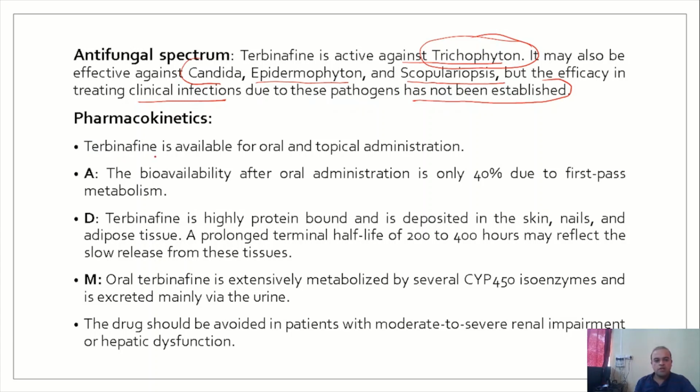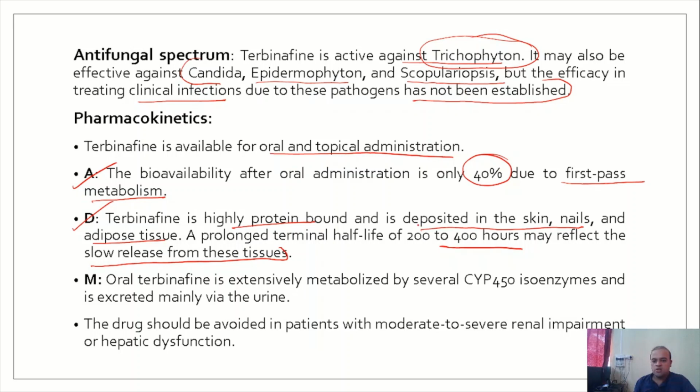So pharmacokinetics: it is available for oral and topical administration. Absorption: the bioavailability after oral administration is only 40% due to first pass metabolism. Distribution: it is highly protein bound and is deposited in skin, nails, and adipose tissues. The prolonged terminal half-life of 200 to 400 hours may reflect slow release from these tissues.